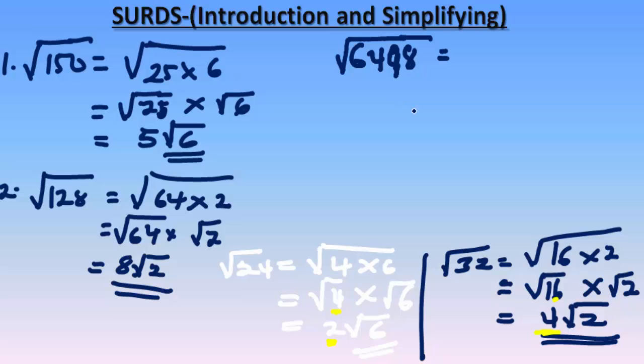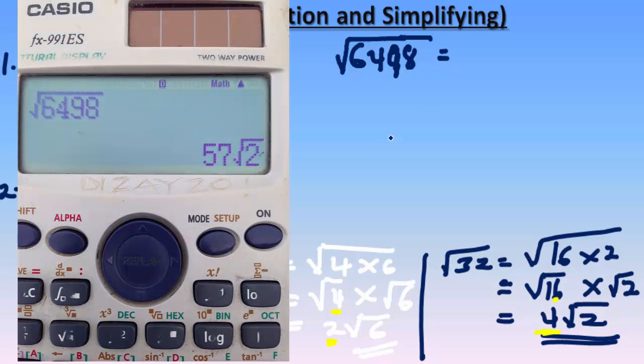What you do is that first you punch root of 6498 on the calculator. The calculator will just give you 57 root 2 as displayed on the screen. Now, when you get something like this, just square the 57 outside and multiply by the number under the root sign, and you get the two factors.